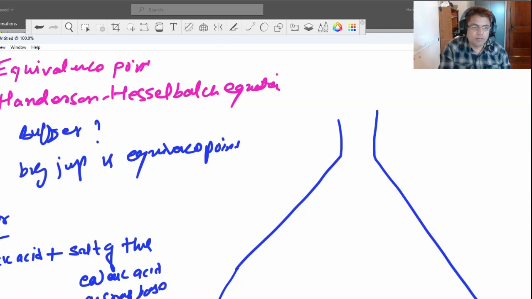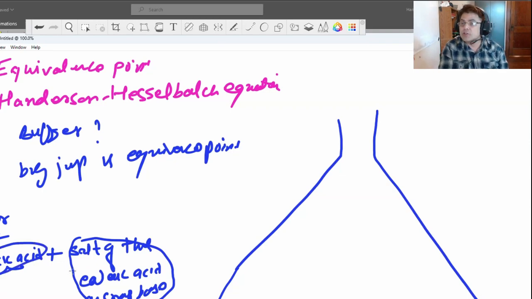The salt is obtained from the reaction between the weak acid and the strong base. If you add these two, the salt and the weak acid itself, and make the mixture, then that is the buffer solution. That we learned.